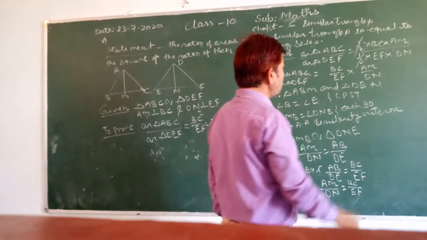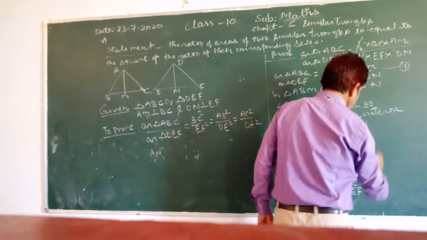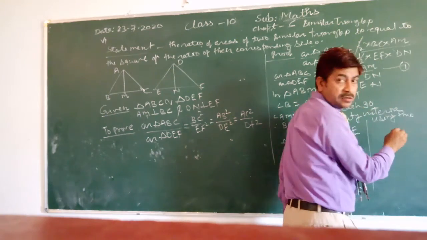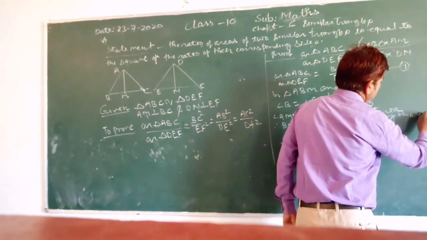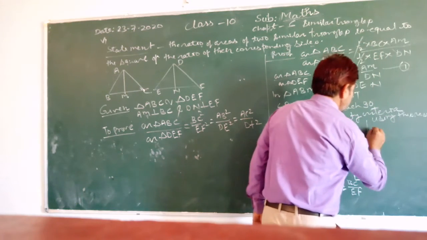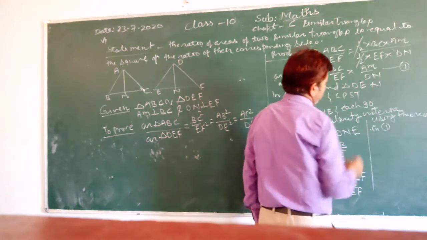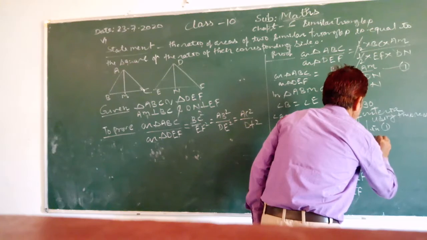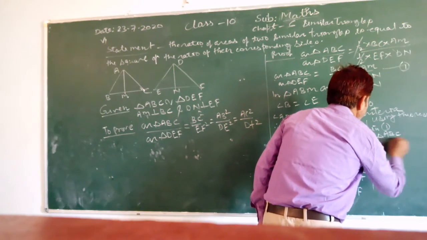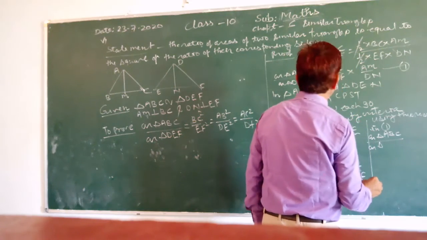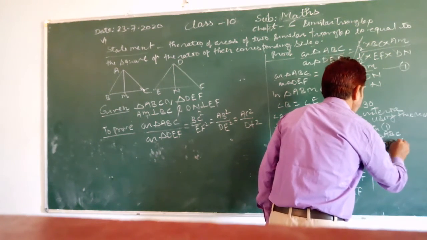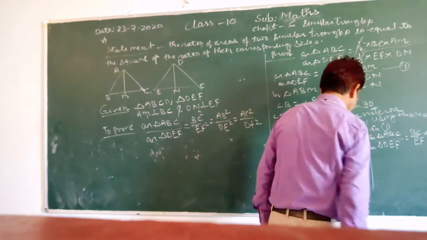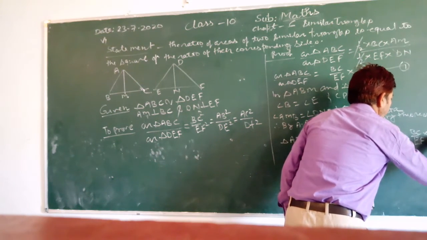Using this result in the first relation, we got area of triangle ABC upon area of triangle DEF is equal to BC upon EF into BC upon EF.